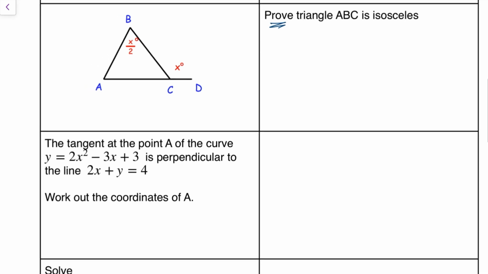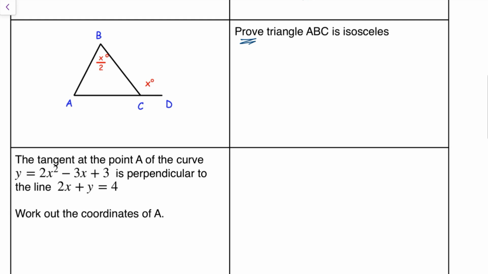Prove that triangle ABC is isosceles. Now, to be isosceles, we need two lines or two lengths to be equal, or we need two angles to be equal. And I think it's probably going to be the angles one, isn't it? So I'm going to say that angle, let's do this same method again. So let's say y is equal to 180 minus x, because angles on a straight line, proper sentences in your exam, please, straight line, total 180.